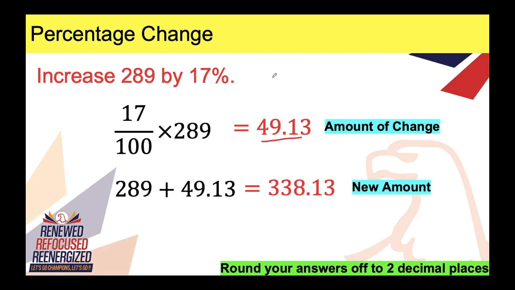So we call it a percentage change because we are changing the amount by a percentage. To be more specific, we call it percentage increase. All right? Because the amount went from 289 to 338. That means from smaller to bigger, percentage increase.